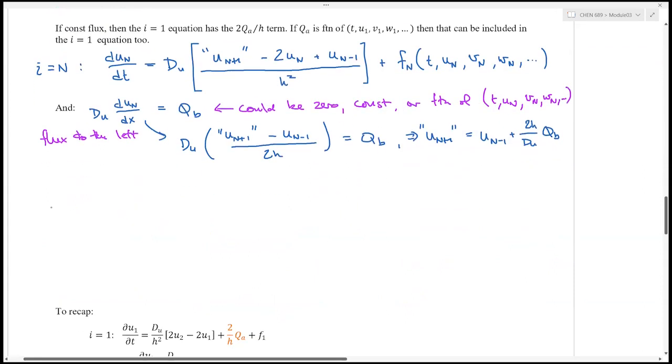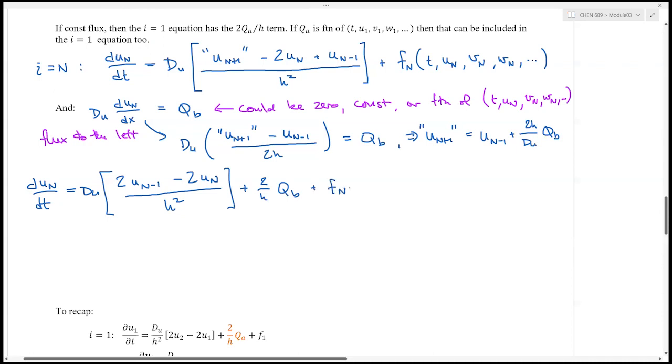And with that in mind, we can plug this back into our differential equation. Our differential equation becomes du_n/dt is equal to the diffusivity times, square brackets, 2u_{n-1} minus 2u_n over h squared, plus 2 over h Q_B, plus f_n.